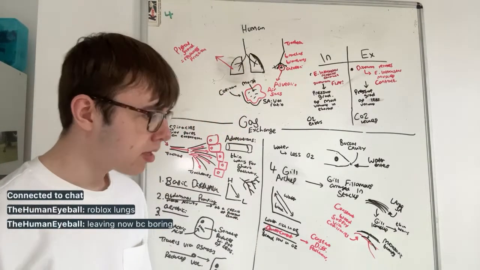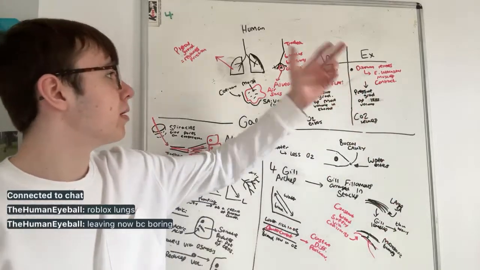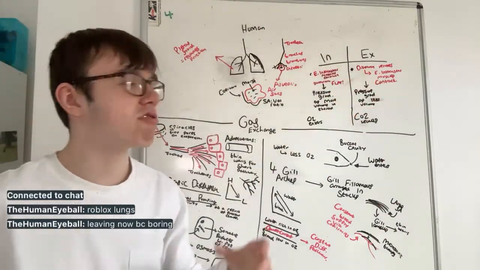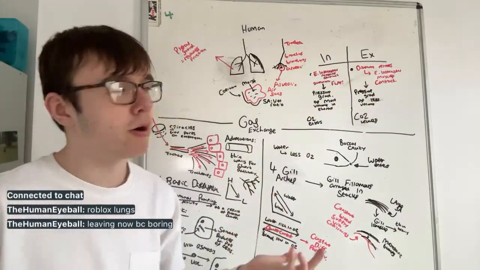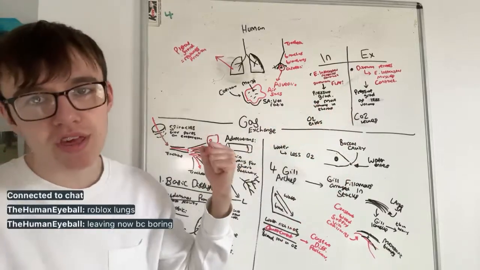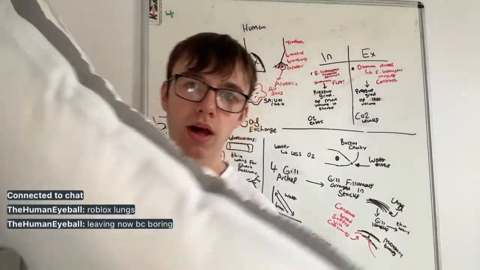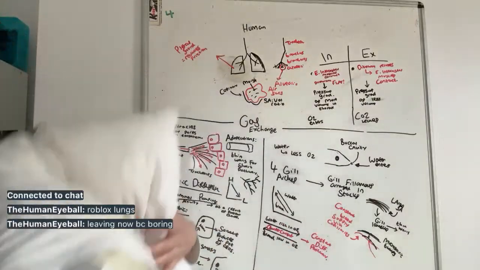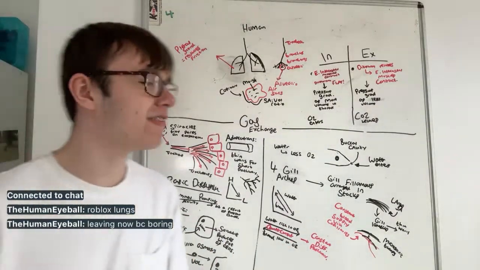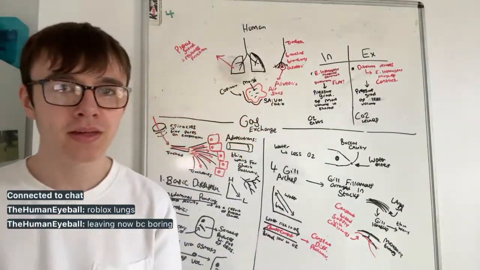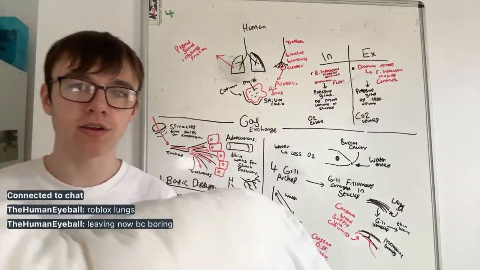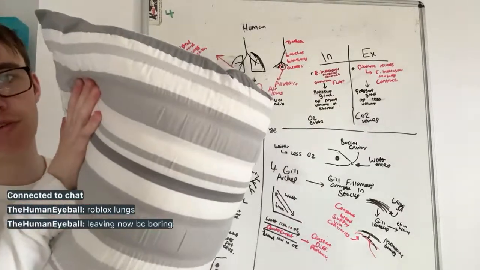I guess an easy way to remember this is to assume your diaphragm is like some putty, or like a pillow. Here's my really weird pillow. This is such a weird example. If you assume the diaphragm, during inspiration, flattens, so we try to squish a pillow.